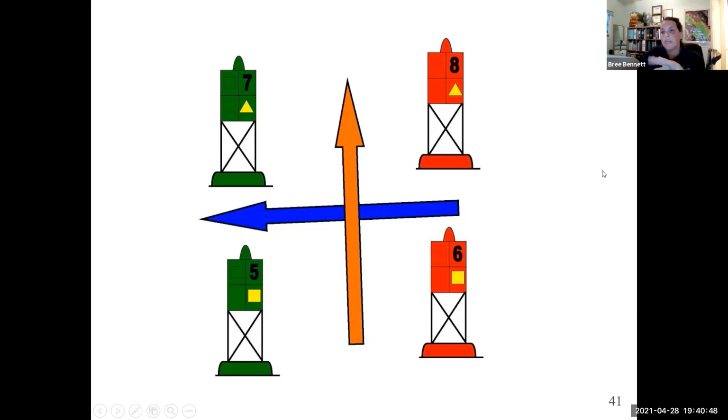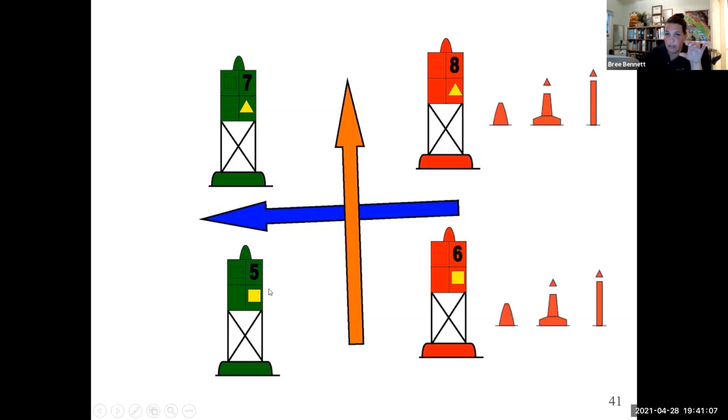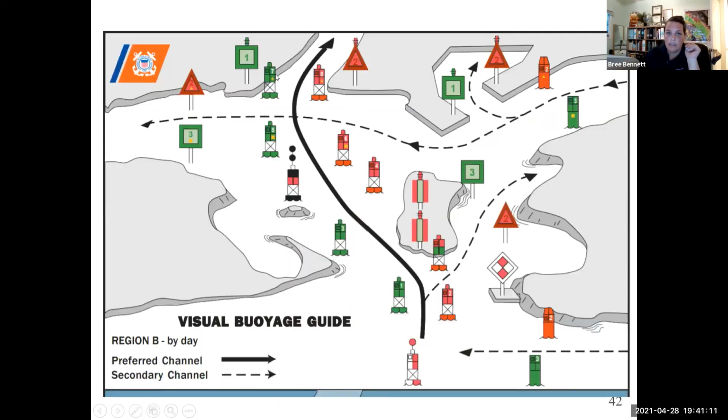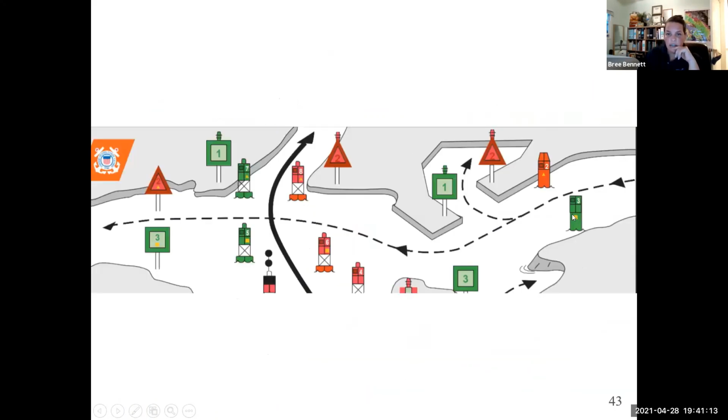But if you are following an intercoastal waterway, which would be the blue one in this case, you can follow it keeping the triangles on your right and the squares on your left, and you're following the little yellow marker on the buoy itself. As you can see in this picture, you have the little yellow triangles.